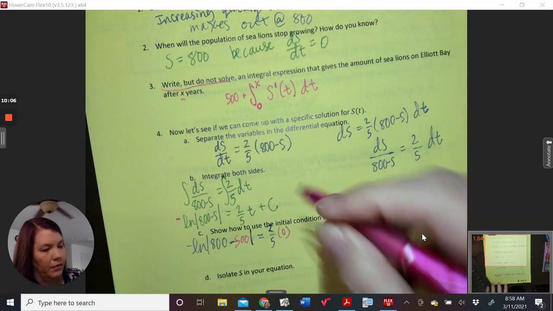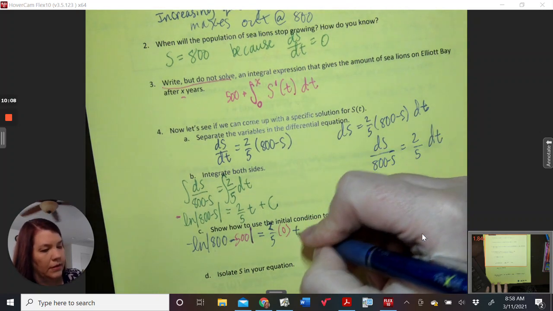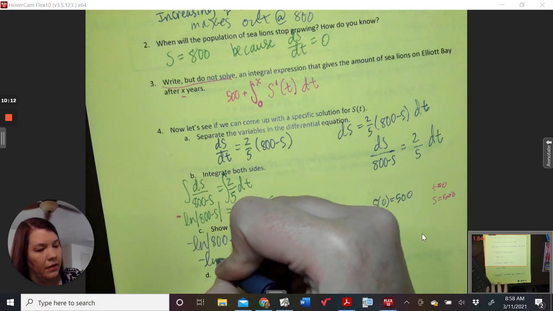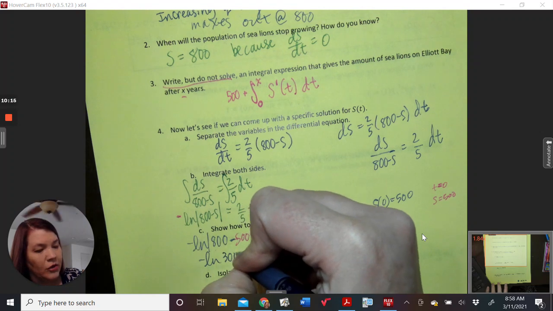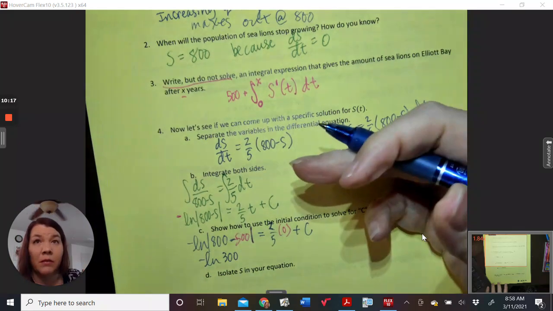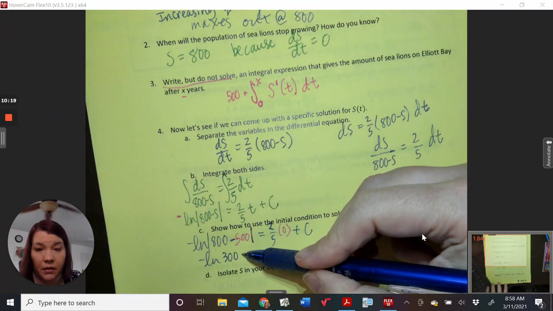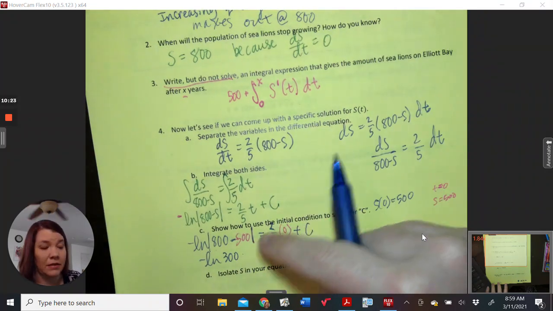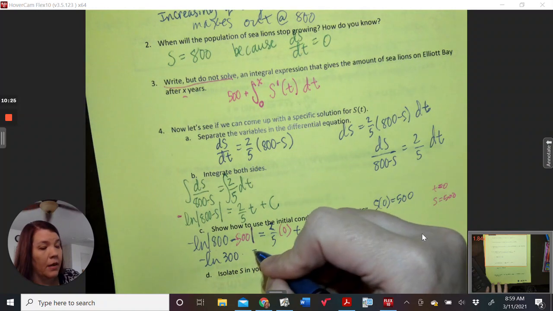Over here, we end up with negative ln of 300. I can drop the absolute value because that's a positive number. I don't need it because it's positive. Equals c. And so I'm done. That's easy. No big deal.